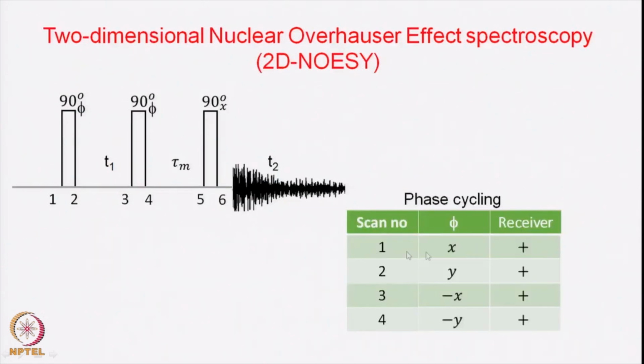Okay. And here the phase cycle was plus minus for double quantum filtered COSY, but now we are going to use this remaining the same, we will make this plus plus plus plus. Okay. How does that help us?